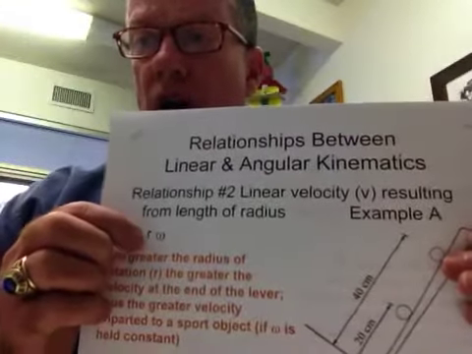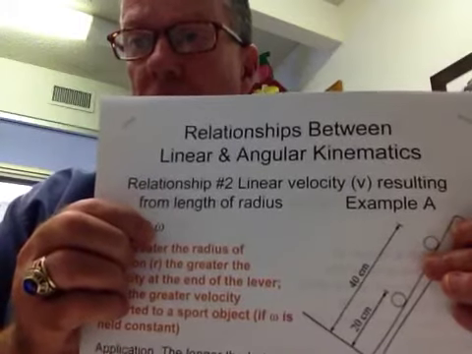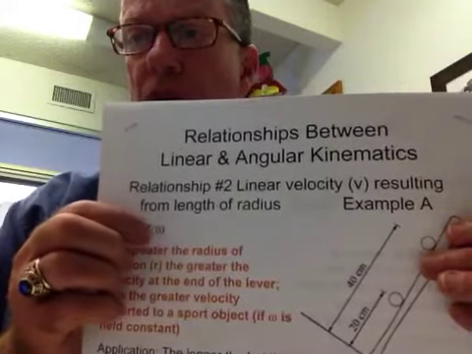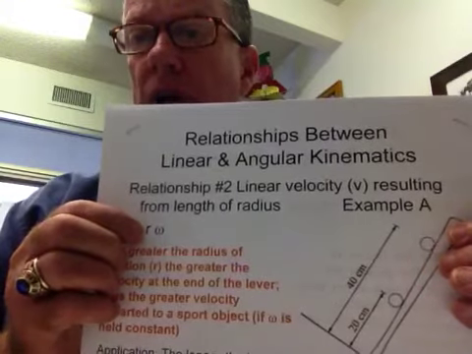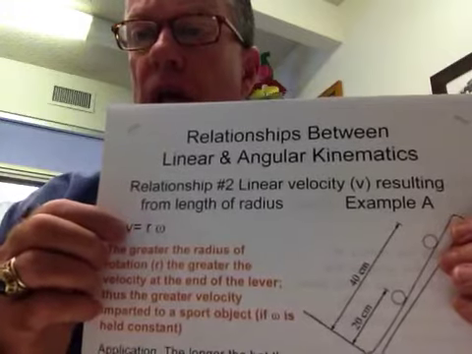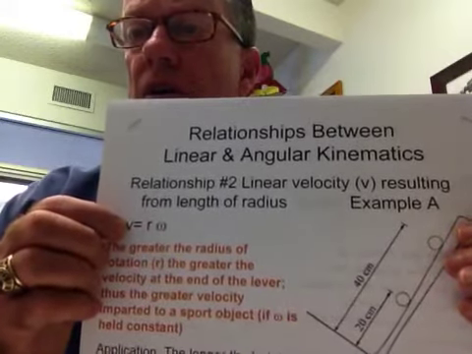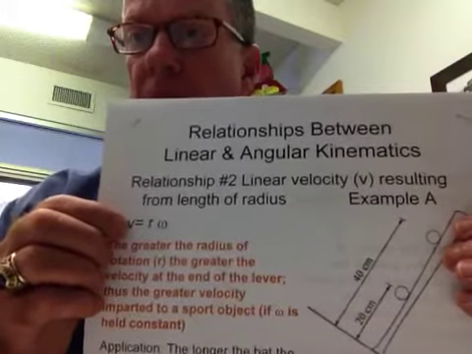And then we move into the relationship of length of lever, r, and omega, angular velocity. If both of these quantities are very large, if you have a long implement or a body part and it's moving very quickly, the linear velocity will be very high.